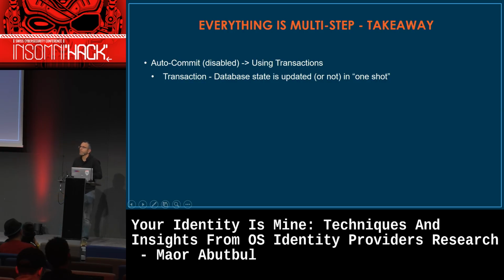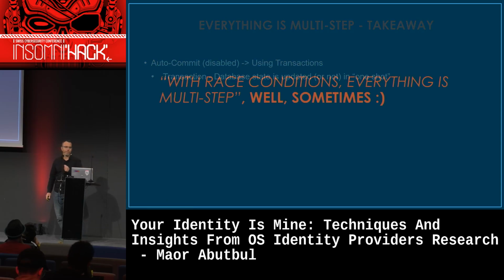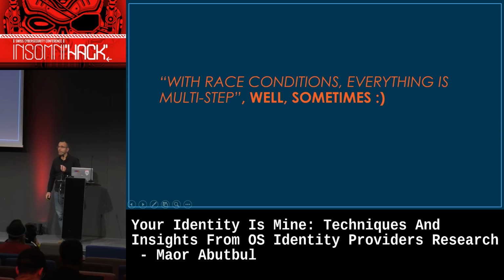Auto-commit disabled means that the application is using transactions. Transactions means the database is updated in one shot or not. So in this case, transactions prevented us from gaining unauthorized access. With race conditions, everything is multi-step. Well, sometimes. But now we know how to find and avoid race conditions.